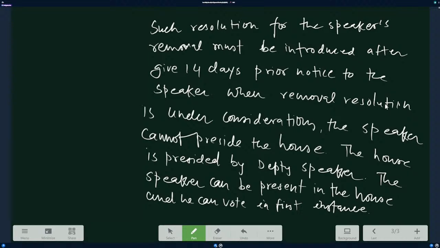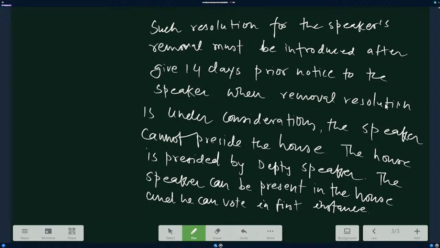First instance, मतलब मान लो कि I'm a speaker here, right? So कोई भी resolution motion introduce किया किसी ने, so everyone can vote. I cannot because I'm a speaker. I can vote only in case of a tie. ठीक है?